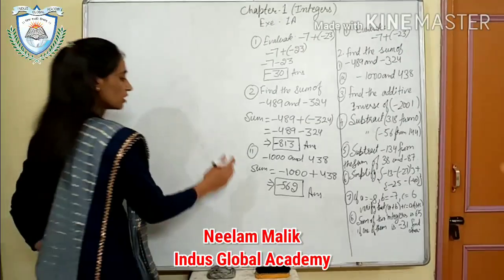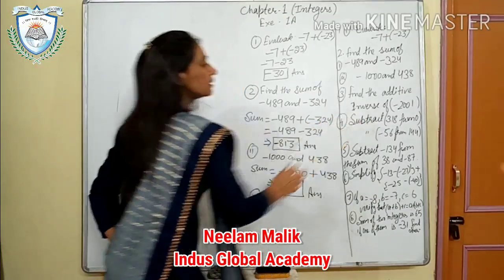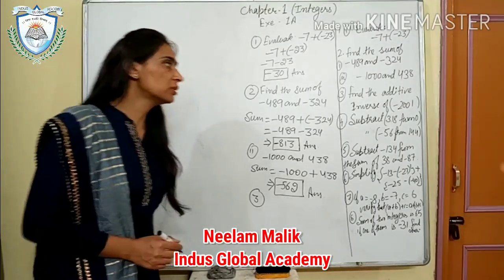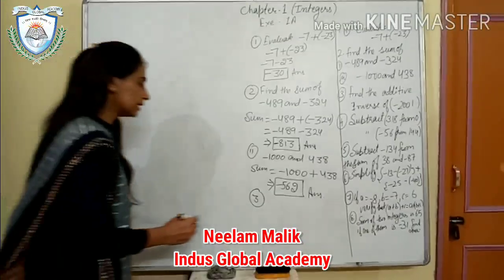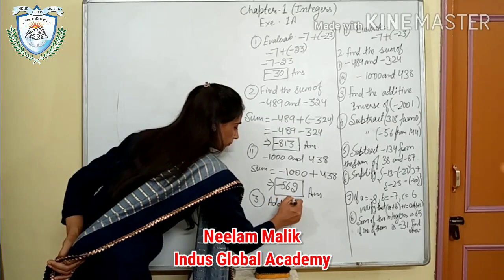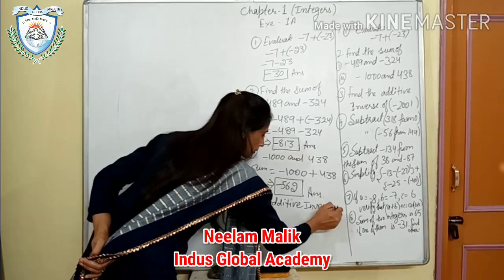Okay. Now the third sum statement is here. Find the additive inverse of -2001. What is additive inverse?